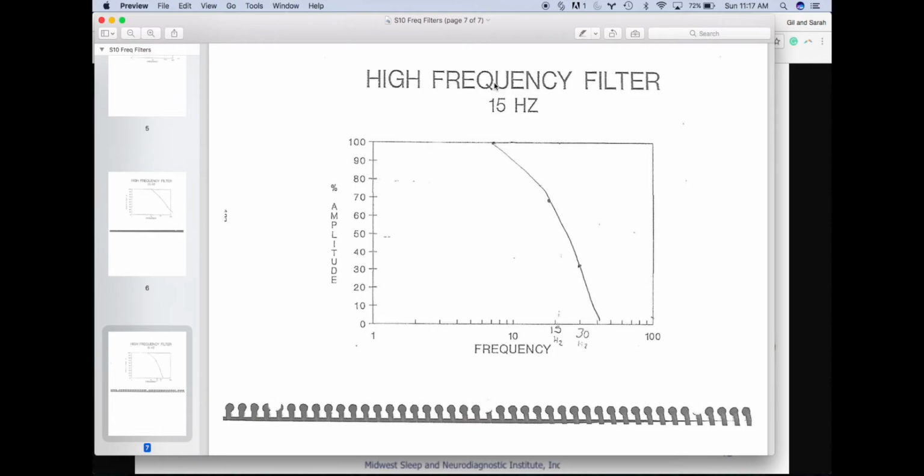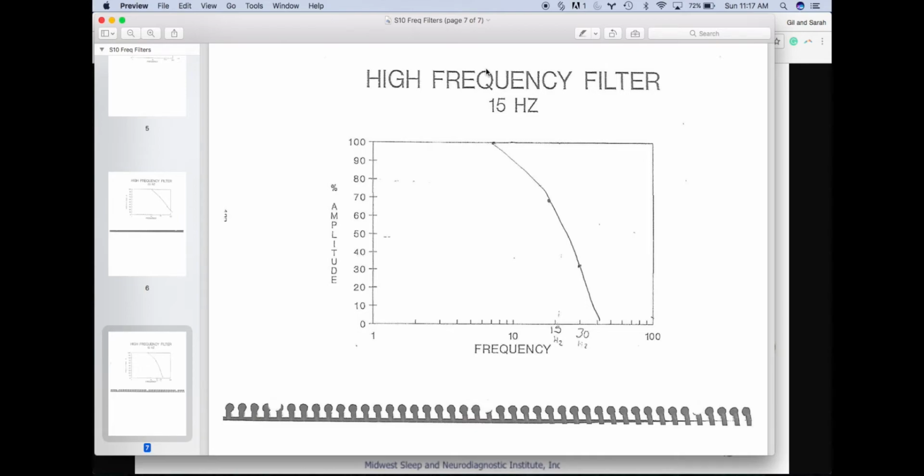If you have a high frequency filter of 15 hertz, that means the amplitude is going to be attenuated, or shrink, or lower in amplitude by 30% at 15 hertz.